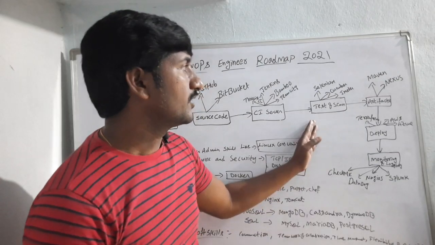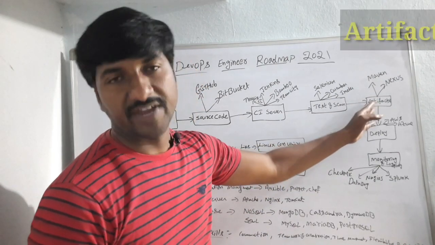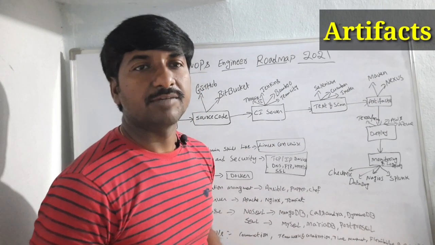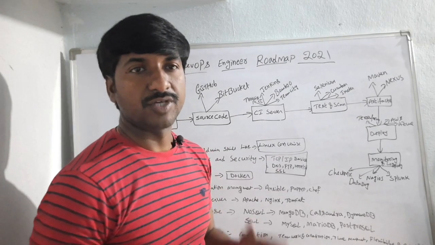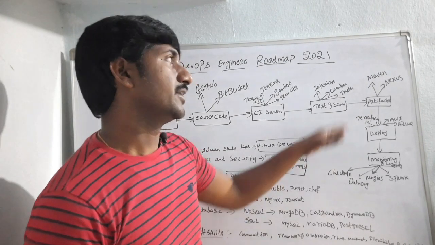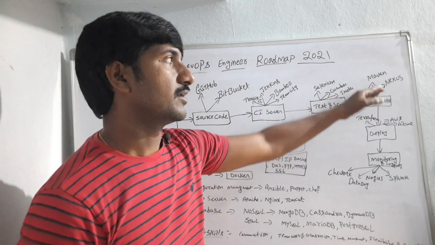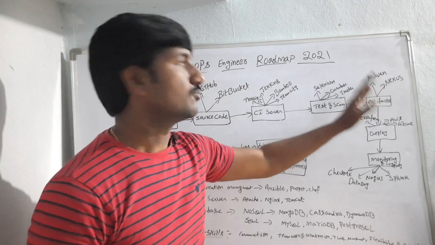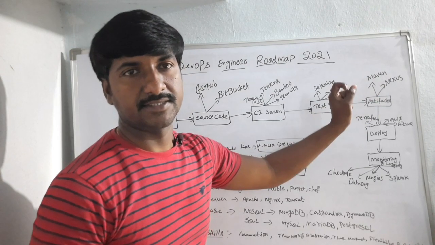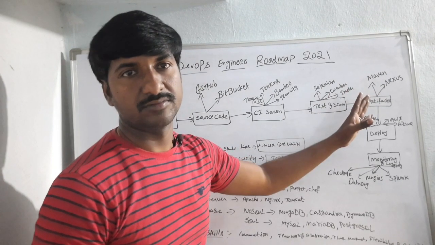After that, you must know some artifacts. An artifact is nothing but a deployable component of the application. So we use a build automation tool, that is Maven or Nexus. Either one, you must be strong in a Maven or Nexus build management tool.